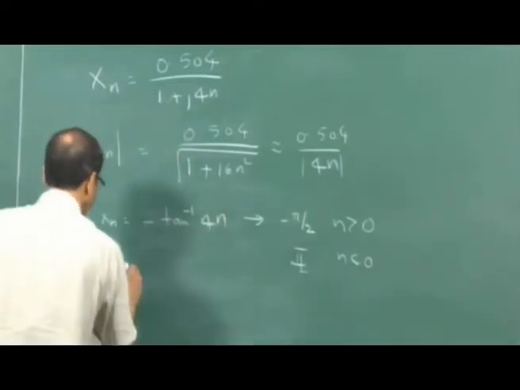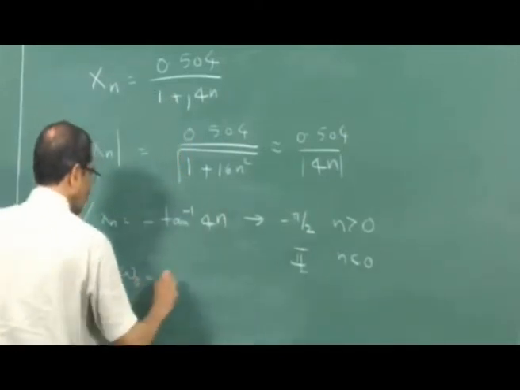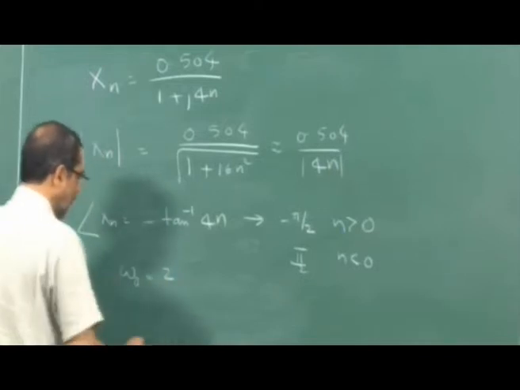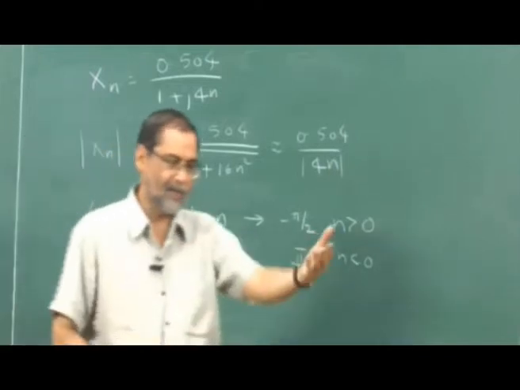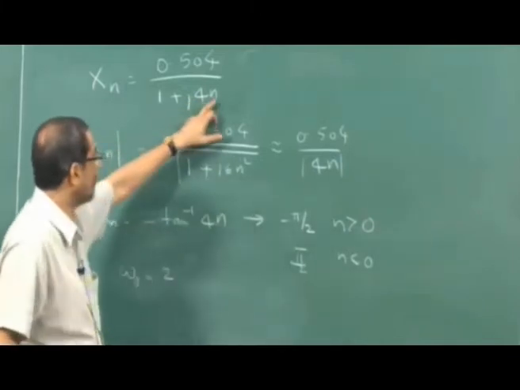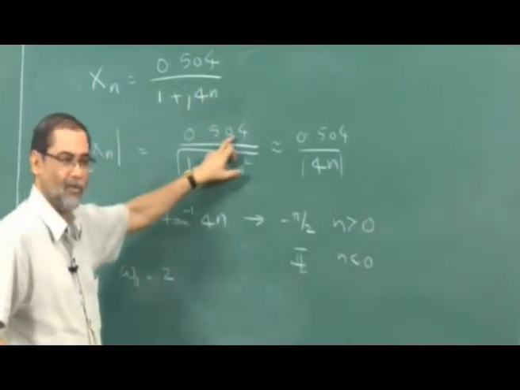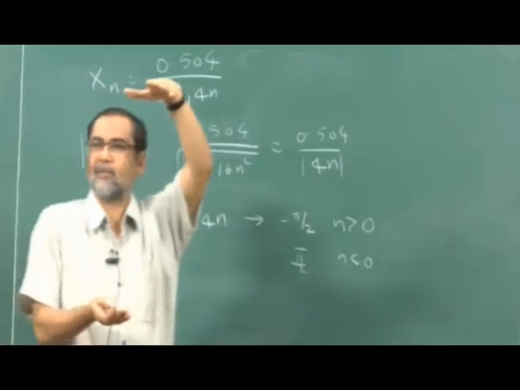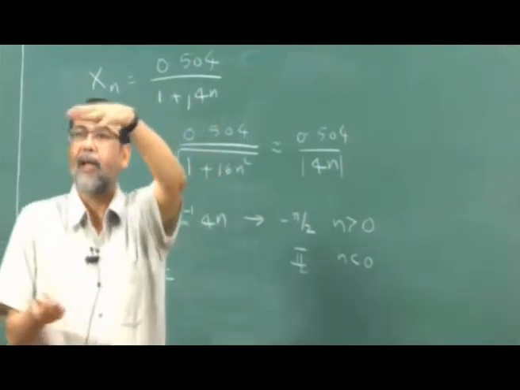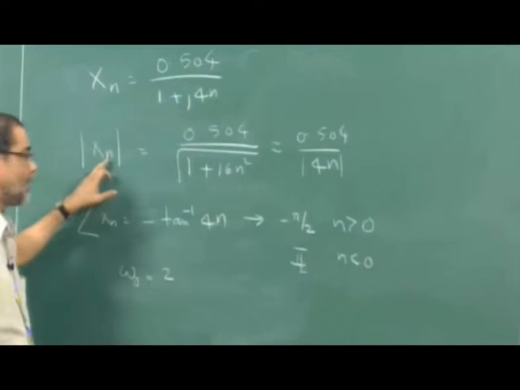So my omega naught is 2, and I get values at n equal to 0. If you substitute n equal to 0 here, it's 0.504. So that's the first magnitude, that is x0. Now you substitute n equal to 1.